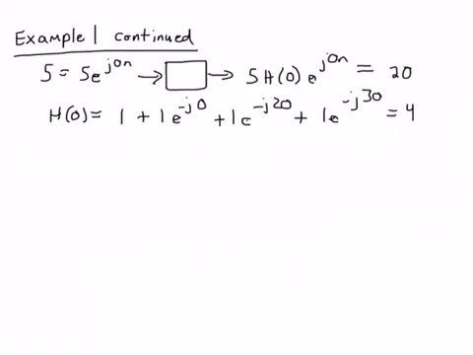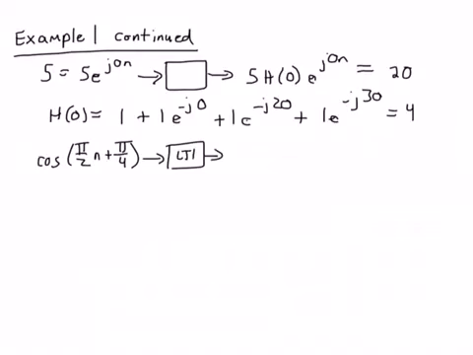Now we're going to use the same property, the same eigenfunction property basically, or the same definition of the frequency response to solve for the next term, which is the input cosine pi over 2 n plus pi over 4. We can take advantage of the fact that we know this is a real system.